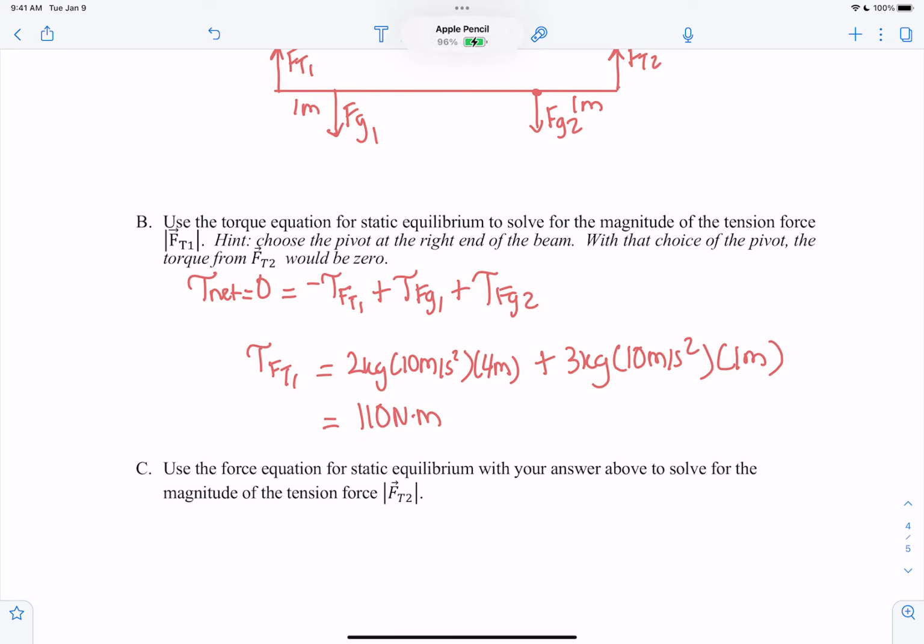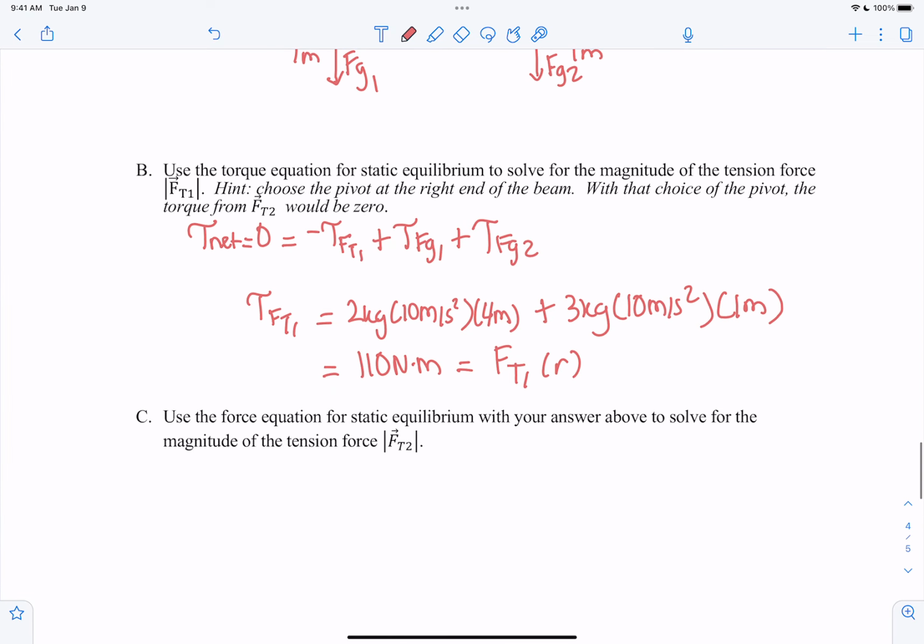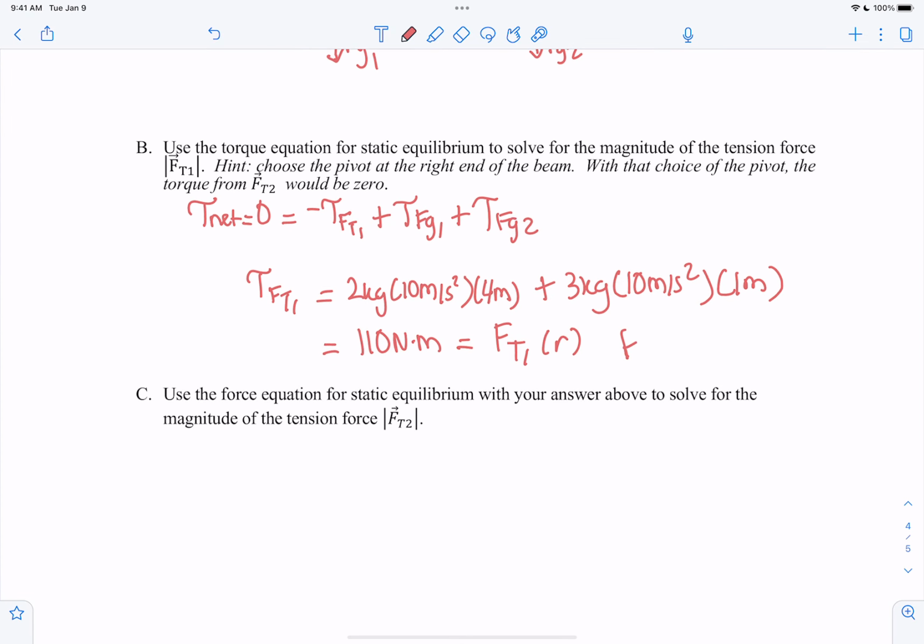And from that torque, we can set that equal to Ft1 times r for Ft1 times sine 90, right? So we can just divide by 4 in that case, I believe, and you should get around 27.5, I believe, 27.5 newtons.